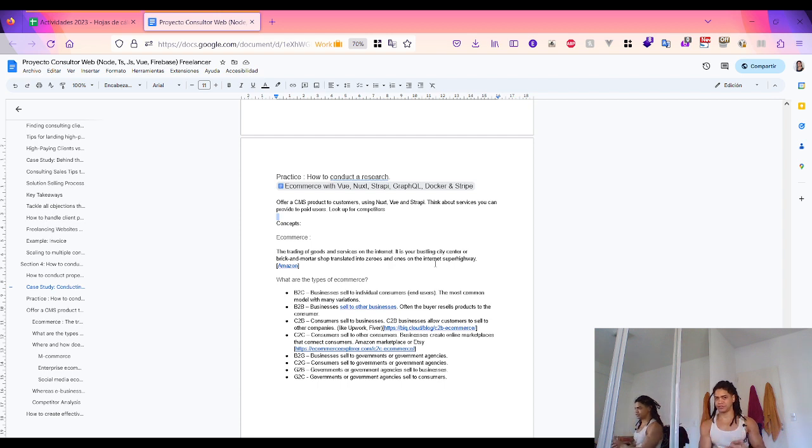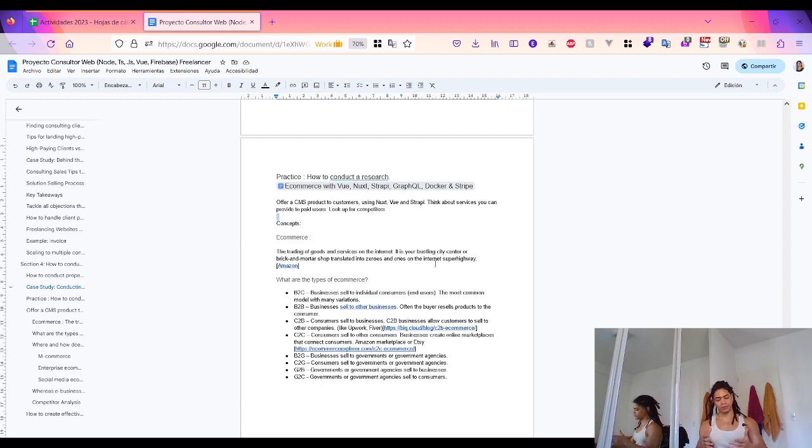Whereas Shopify mentioned that while e-business refers to all aspects of operating an online business, e-commerce refers specifically to the trade of goods and services on the internet.